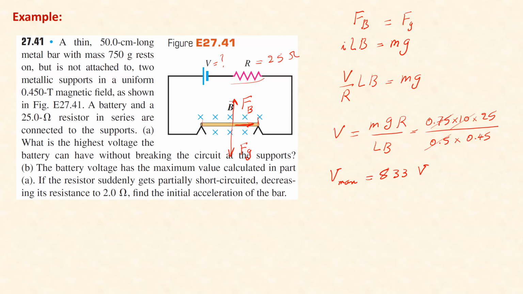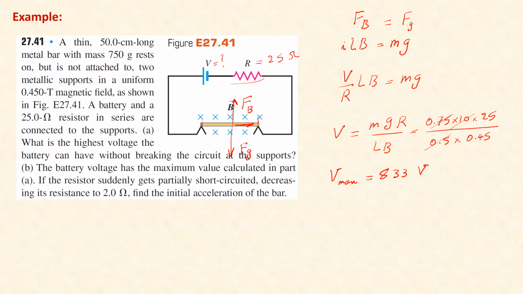Now it says, B, the battery voltage has the maximum value calculated in part A if the resistor suddenly gets partially short-circuited, decreasing its resistance to 2 ohm. Find the initial acceleration of the bar.